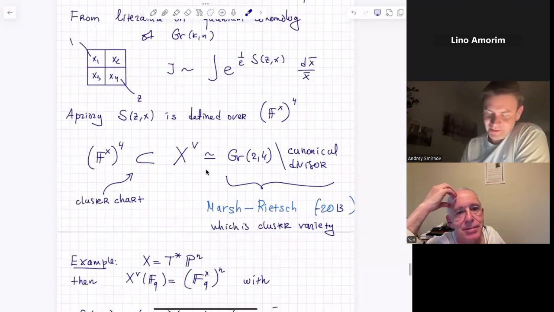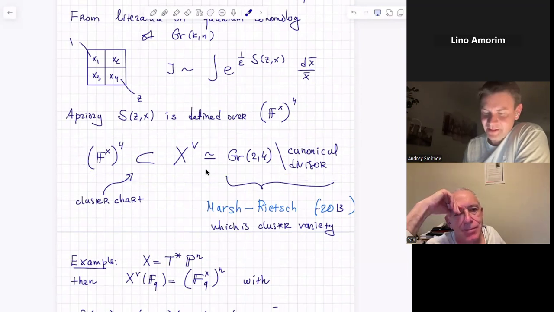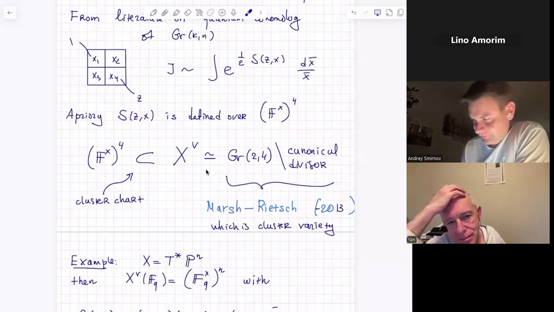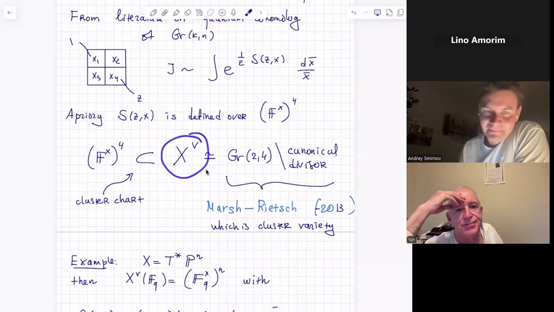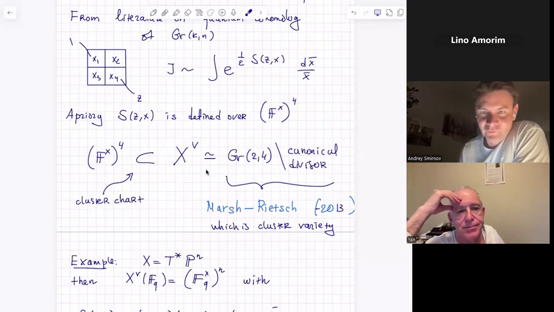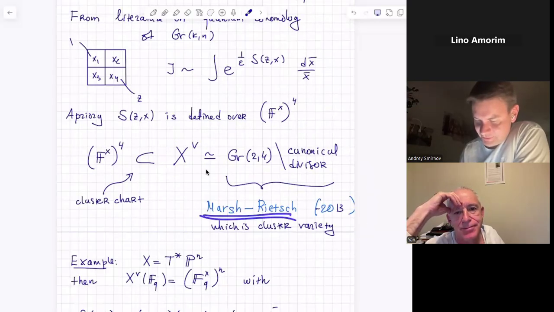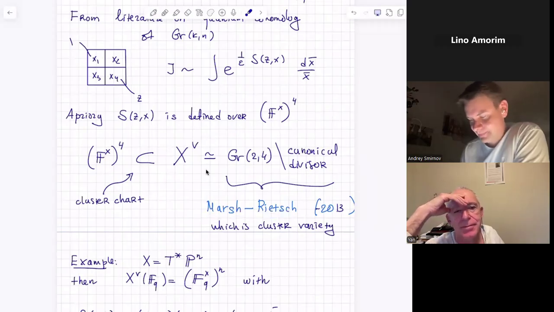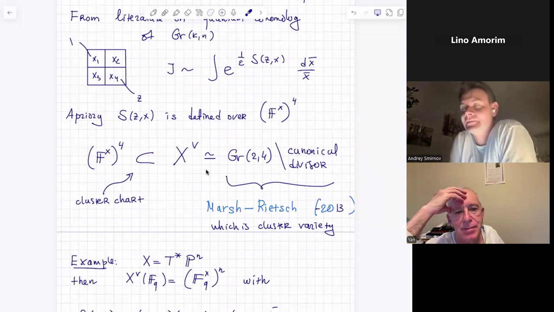In more general situations, I need to enlarge my torus and look at more complicated varieties like these exact mirrors. And in general, I don't know how to construct them for Nakajima varieties. Again, the simplest example in which I don't know what this thing is is T star Grassmannian 2-4. So there should be some kind of generalization of this Marsh and Rietsch construction, but I don't know what it is. So again, one thing which would be nice is to write those traces as some interesting sums.